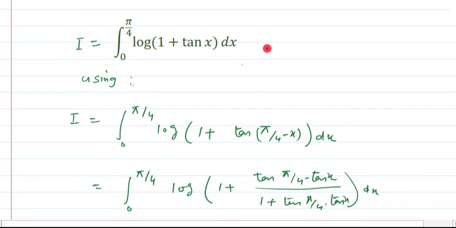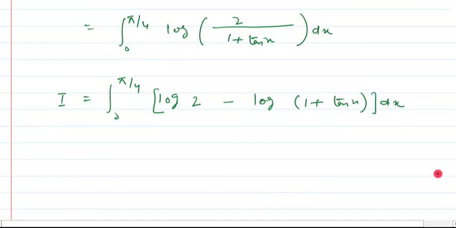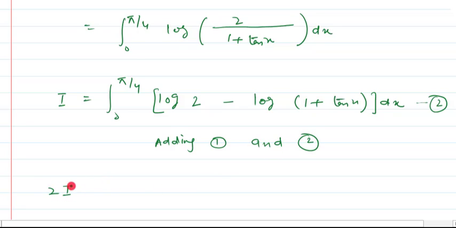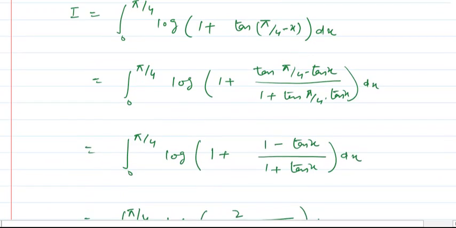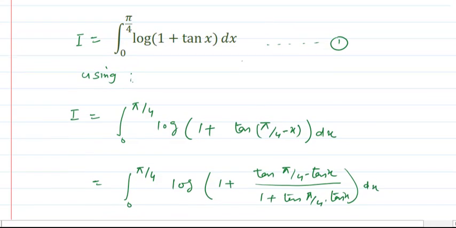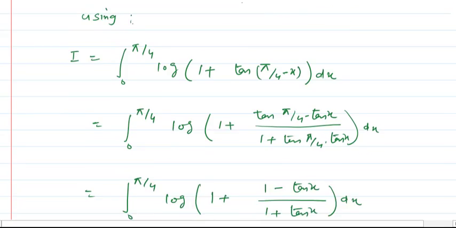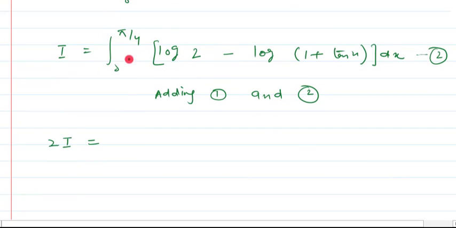This is step number 1 from where we start, and this is step number 2 that we are getting after applying the property. So adding 1 and 2, on the left hand side we are having 2I after addition, and on the right hand side one thing that we are getting is 0 to pi by 4 log 1 plus tan x dx, and with the same limits we are having log 2 minus log 1 plus tan x.